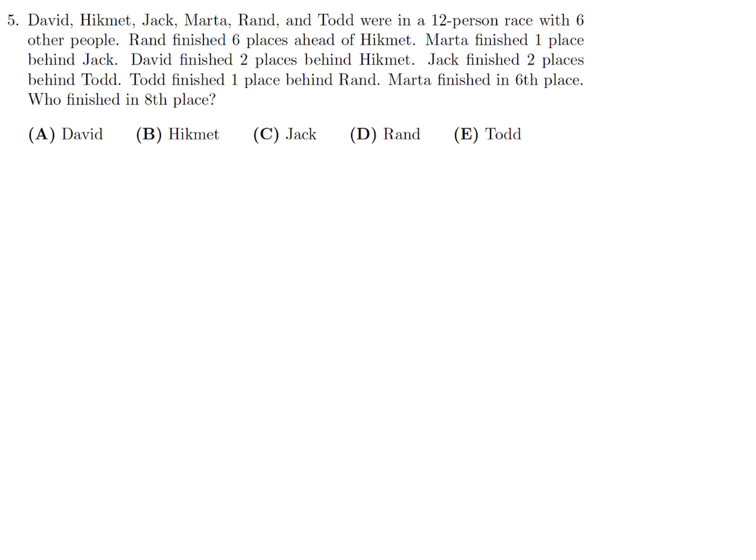So let's see. Rand finishes 6 places ahead of Hikmet. So if Hikmet is here, Rand is here, and this is 6. Marta finished 1 place behind Jack. Okay, so I don't know where Marta and Jack are, so there's obviously one place there. David finishes 2 places behind Hikmet, right there. And then Jack finishes 2 places ahead of Todd.